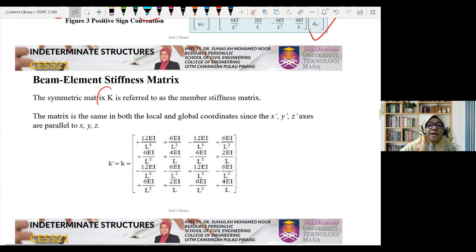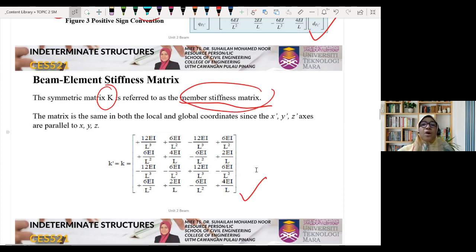Okay, so finally, this is the formula. It is K, the stiffness matrix. In the stiffness method, we will write everything in matrix form, so it will be called the stiffness matrix. This is actually the member stiffness matrix, or stiffness matrix for the element.